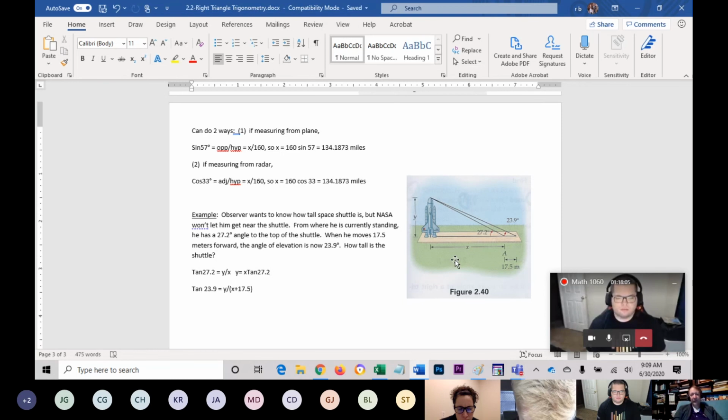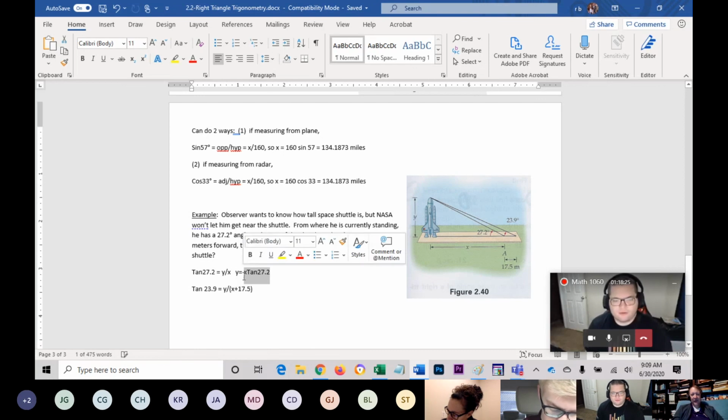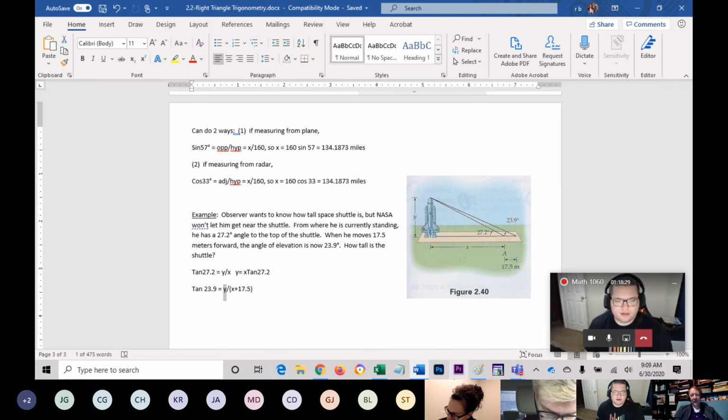Oh, yeah, it would, actually. Why is that helpful? Well, you solved it in terms of y, so you could let y equal x times tan of 27.2, and then you put that in for y for the tan of 23.9. Perfect. That's exactly what we're going to do.